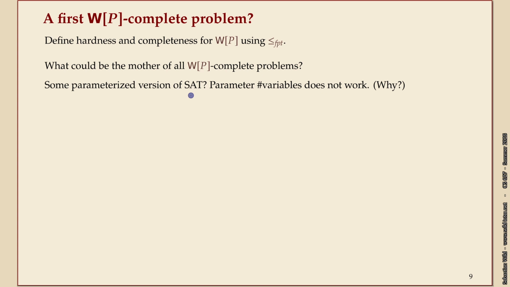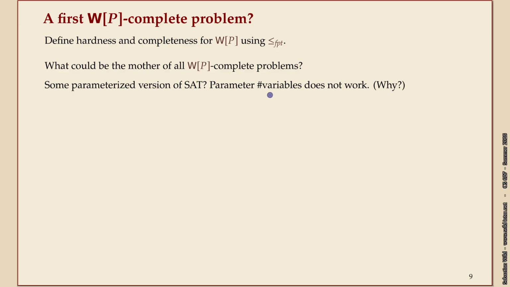So the satisfiability problem popped out as the right answer for classical Turing machines, because you can simulate in a Boolean formula how a Turing machine computes. So we somehow need to do something similar here, but we also need a parameter, right? It needs to be a parameterized problem.